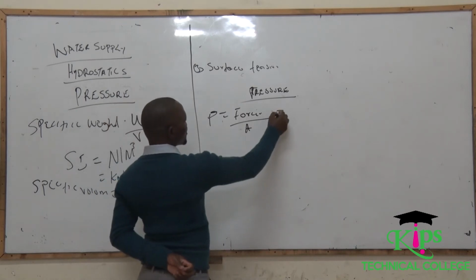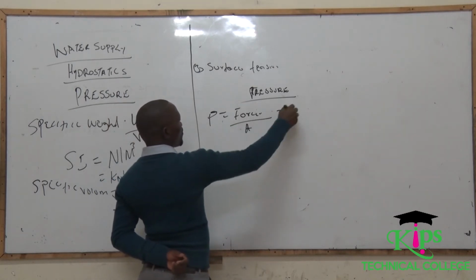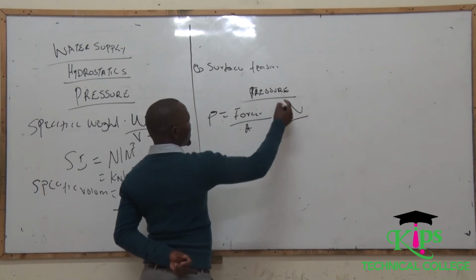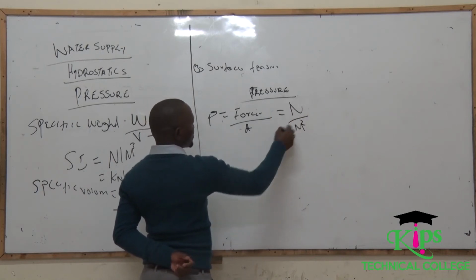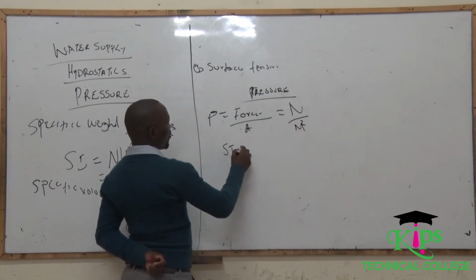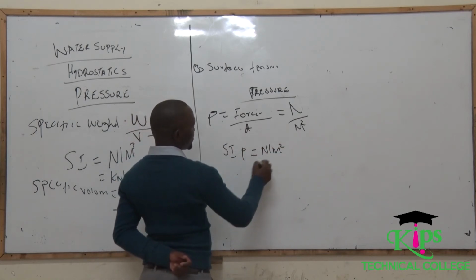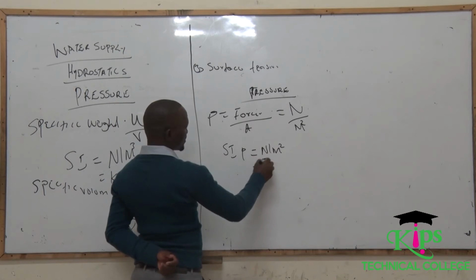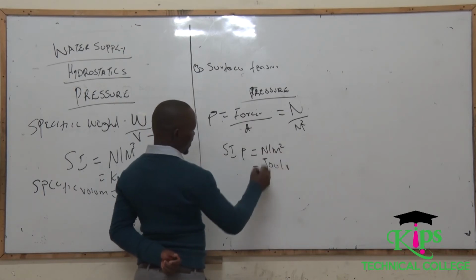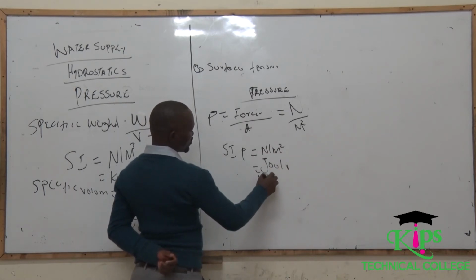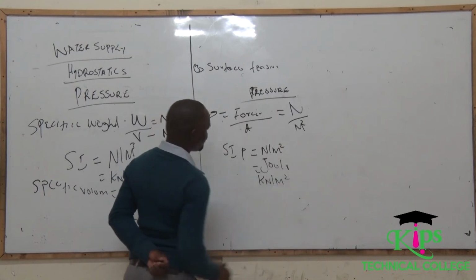Force is measured in Newtons and area in meters squared. Therefore, the SI unit of pressure is Newton per meter squared. We can also have kilonewton per meter squared.